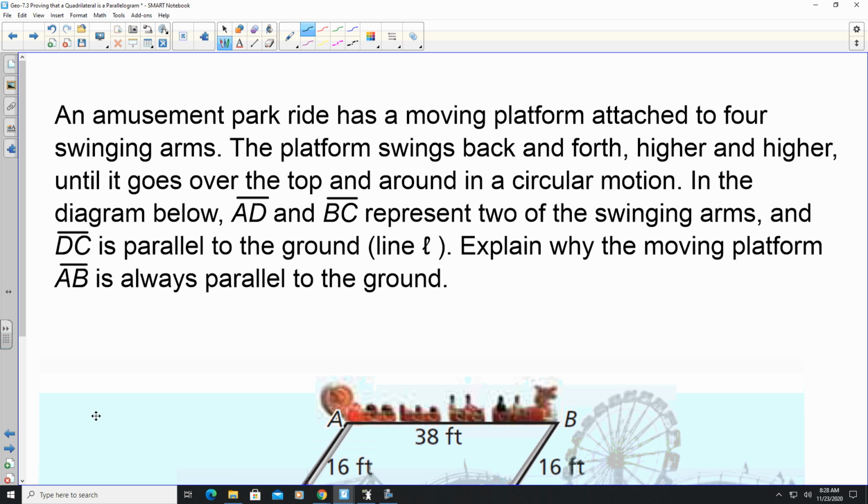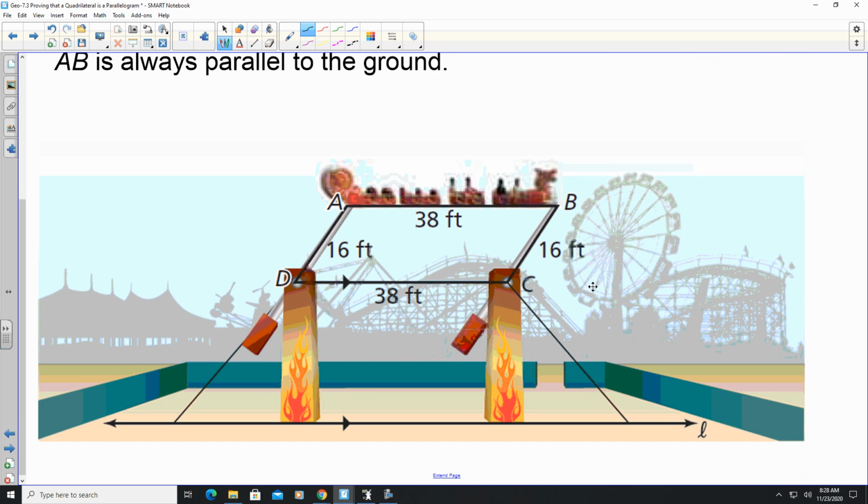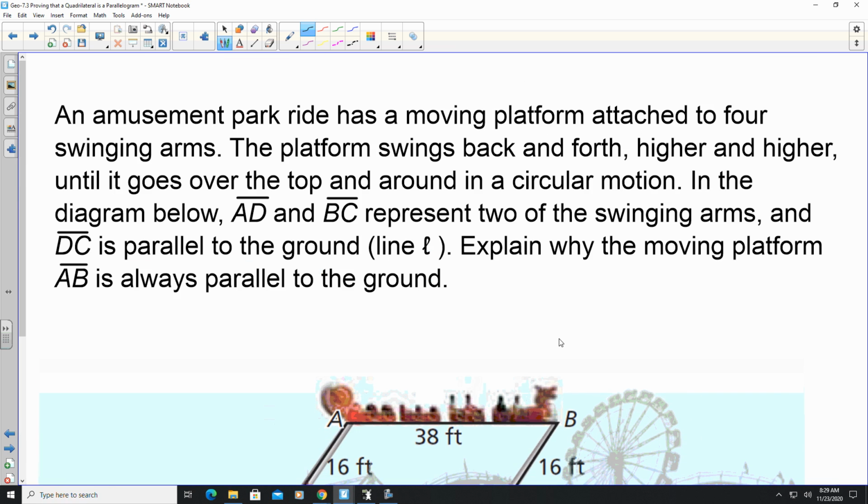With that, it says here that an amusement park ride has a moving platform attached to 4 swinging arms. So this is the diagram here. The platform swings back and forth, higher and higher until it goes over the top and around in a circular motion. In the diagram below, AD and BC represent 2 of the swinging arms.